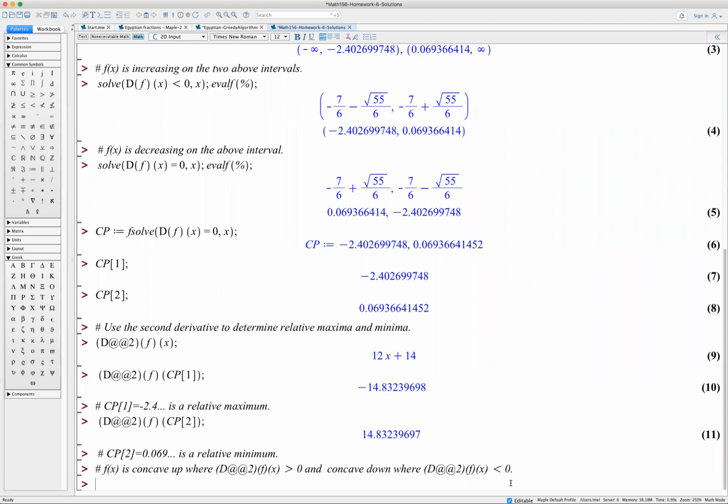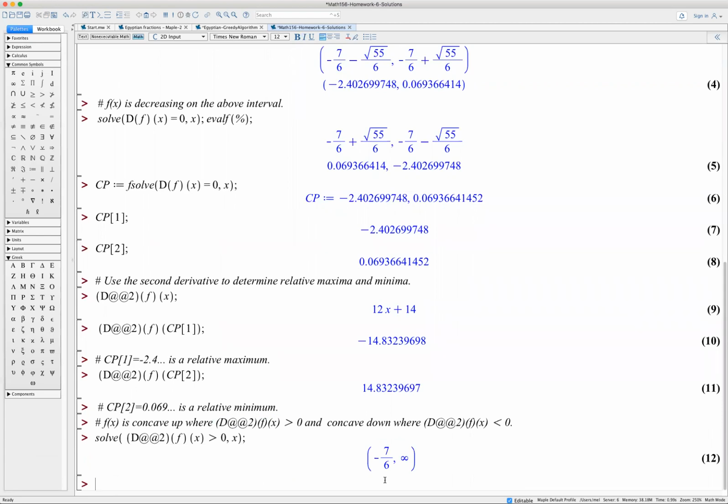So let's solve the inequality. Second derivative greater than 0: minus 7/6 to infinity. So f of x is concave up on the above interval.